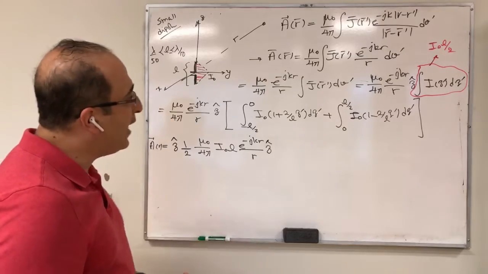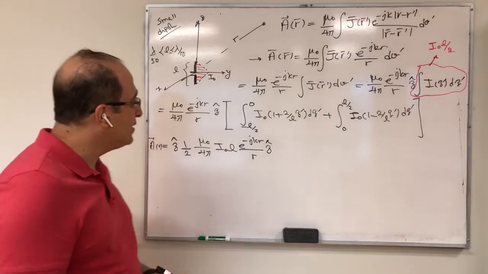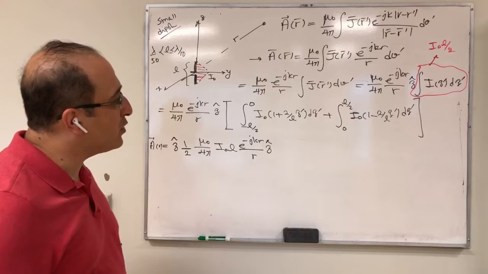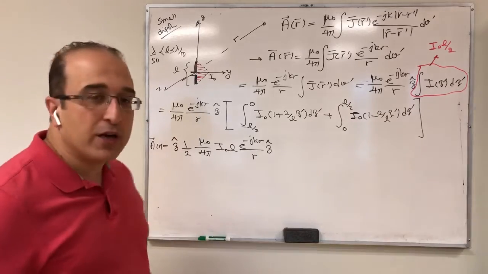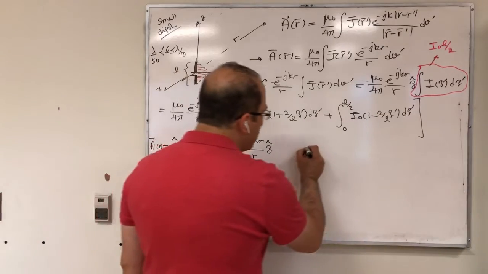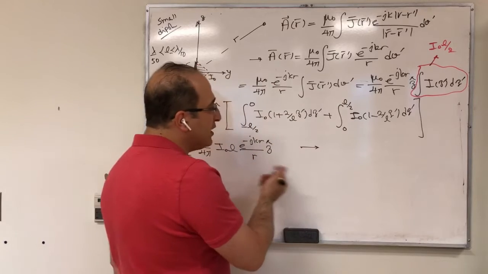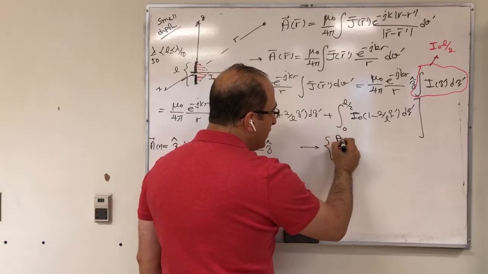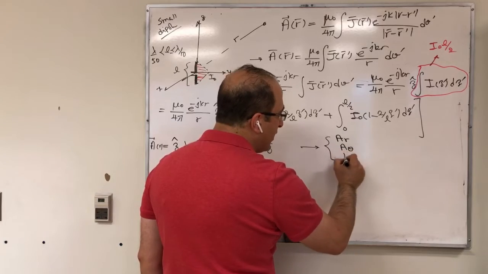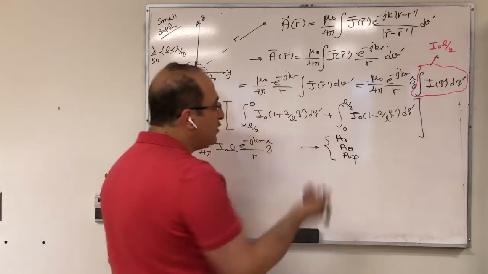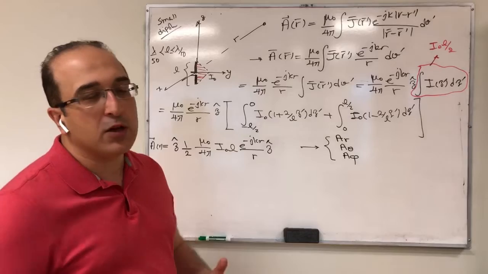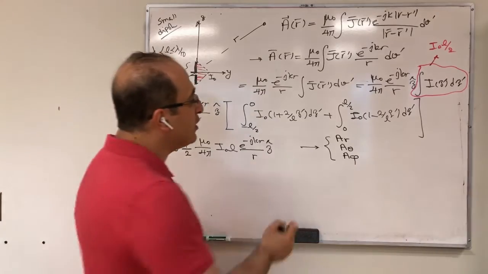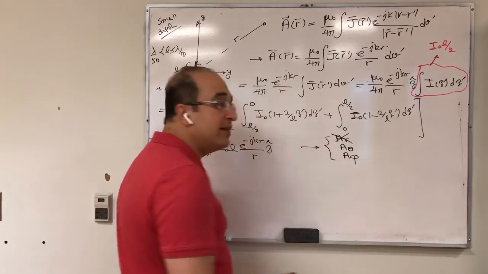So my A is z hat, and this is the expression for that. Now, based on this expression, what's the next step? You convert Cartesian coordinates to spherical coordinates to get your A r, A theta, A phi. You essentially don't need A r because I'm not going to consider near field, so you can just ignore it.